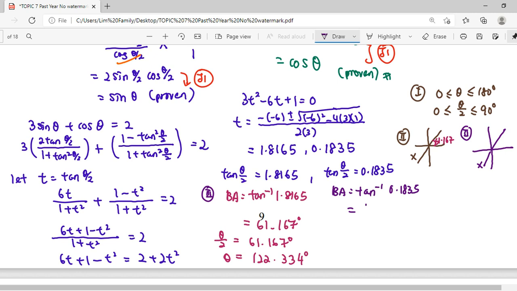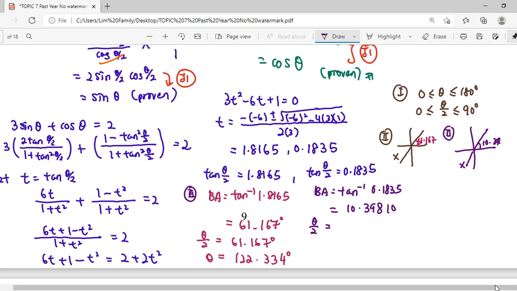So it gives us 10 point something. I haven't come to the final answer yet, so take more decimals. So this will become 10.38910 something. Then we go for the last step, the rotation. Our rotation only involves the first quadrant, so our answer only has 1.